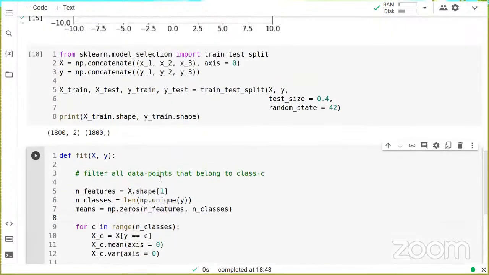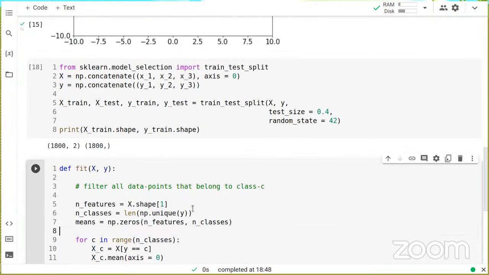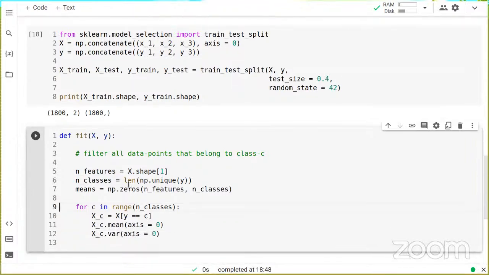Let me know if I understood it clearly. These classes need not be 0, 1, 2. They can be anything, can be 1, 2, 3. Yeah, we should remove len basically. That is the point, but I would say that len is enough.